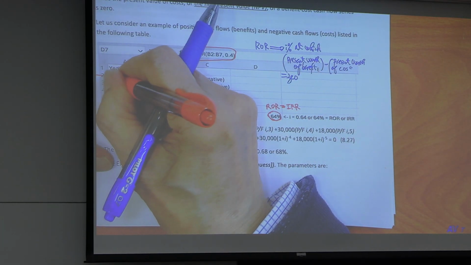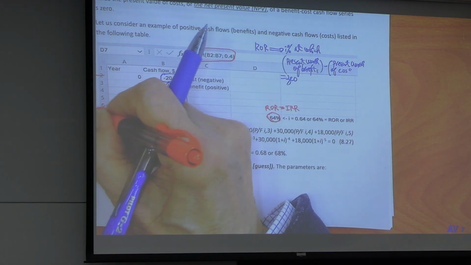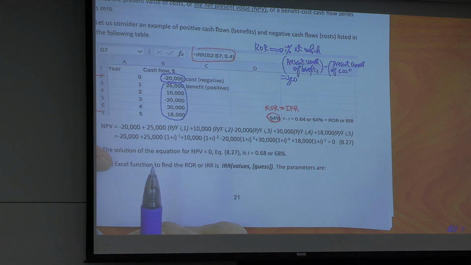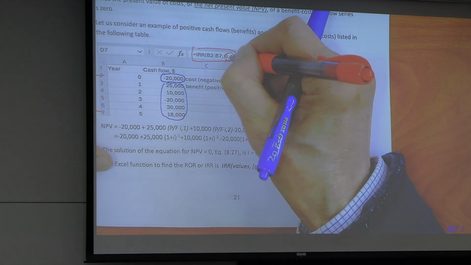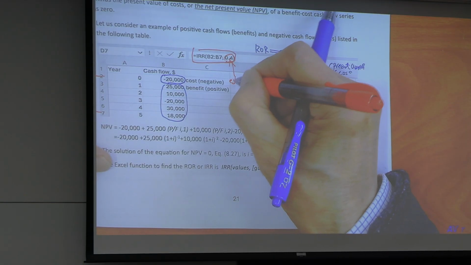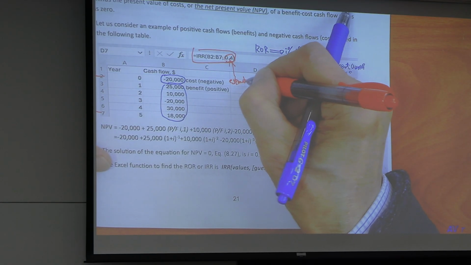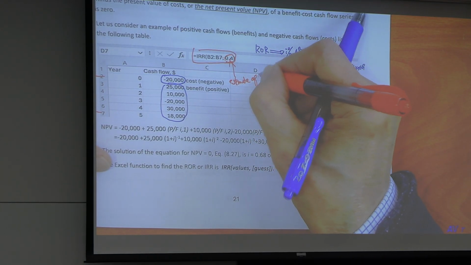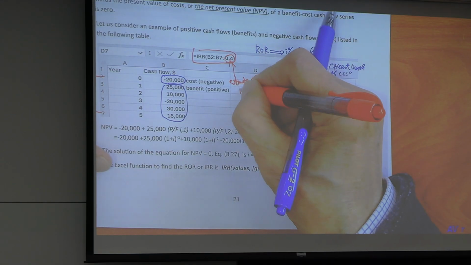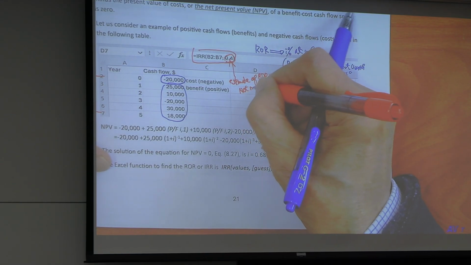B2 to B7, 0.4 is an estimate of ROR, not necessary.